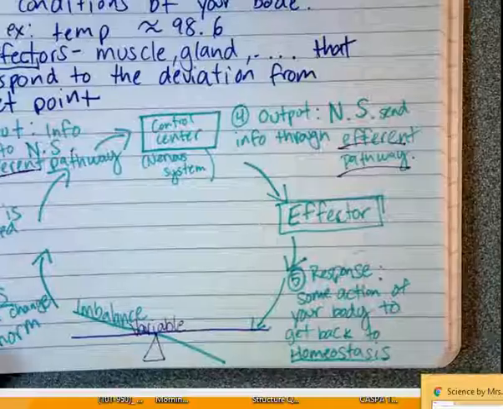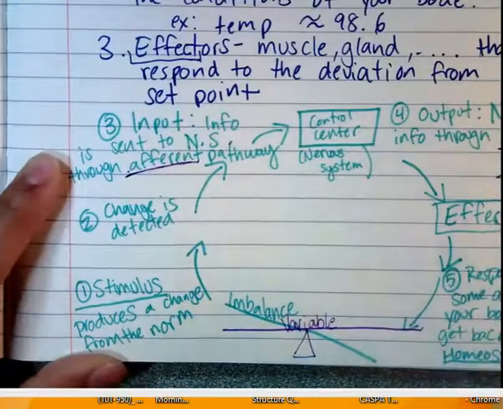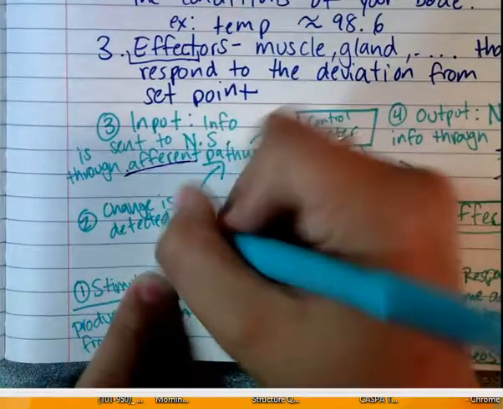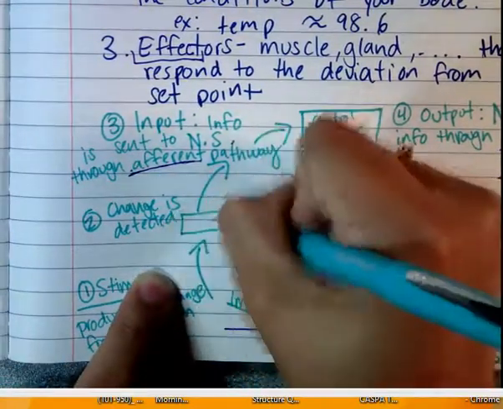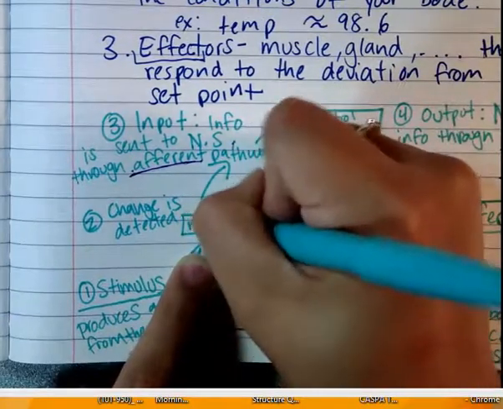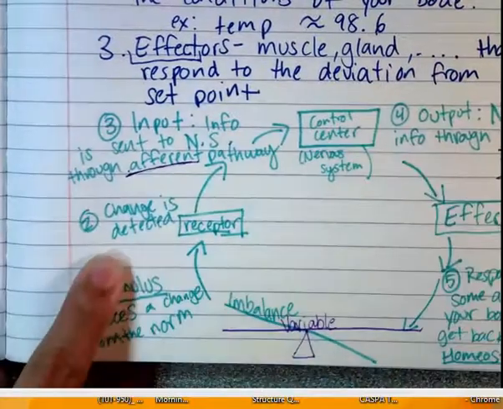All right, the only thing that I want to add is where you have your receptor. This would be where your receptor sits, the thing that detects the change. All right, last two things.